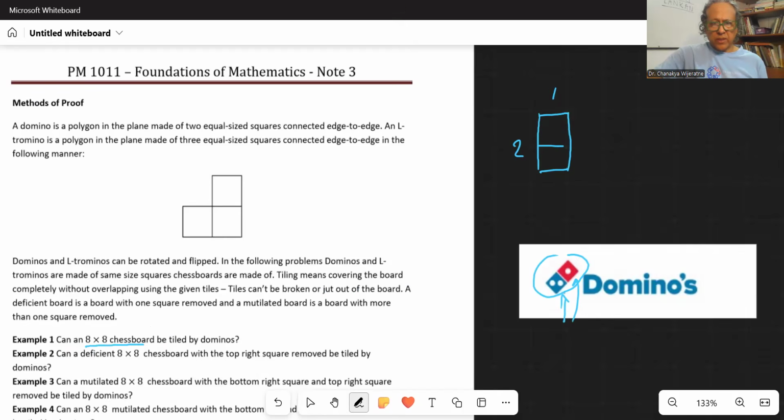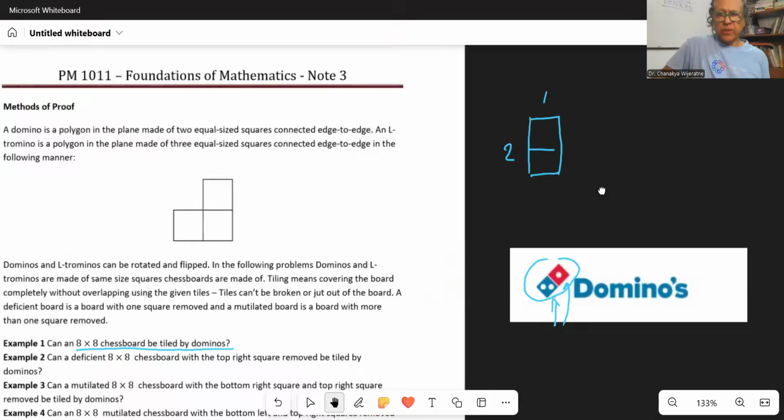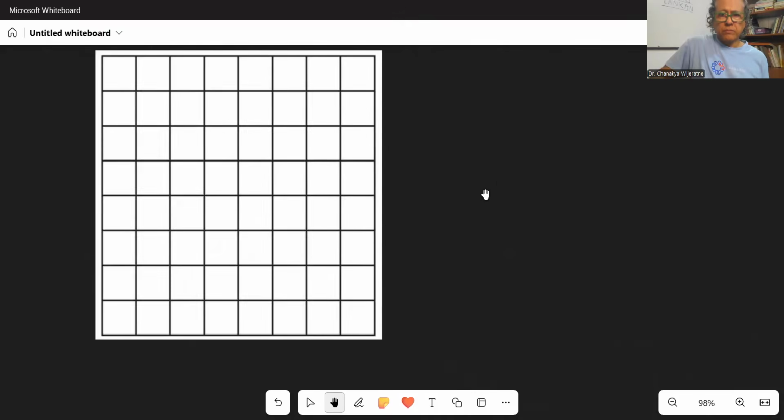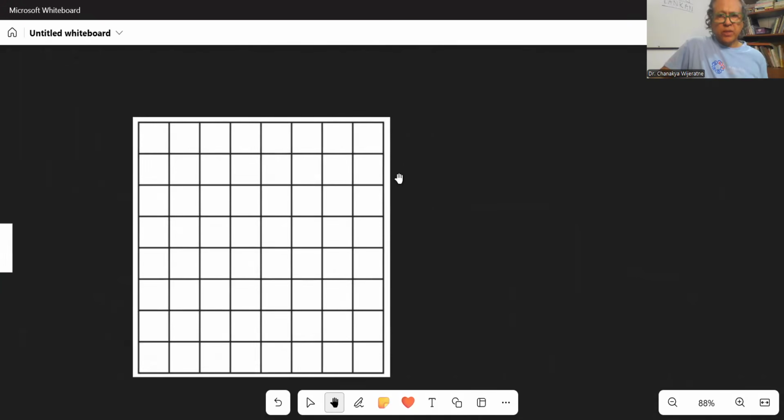The first question is whether an 8x8 chessboard can be tiled by dominoes. Each domino has two squares, and a square fits into the square of a chessboard. So here's an 8x8 chessboard, and each domino consists of two squares, the same size as the squares in the chessboard.